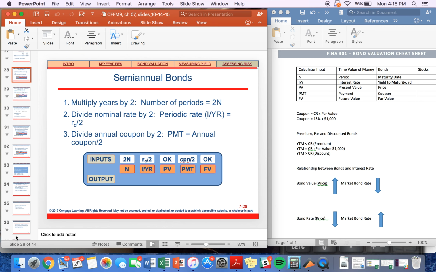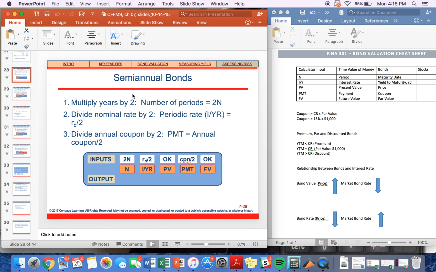So the rules are, remember you can draw out your timeline, and if anything is other than annual, like semi-annual, we multiply the number of periods. So if I have a 10-year bond and it's semi-annual, instead of 10 periods, I have 20, right?